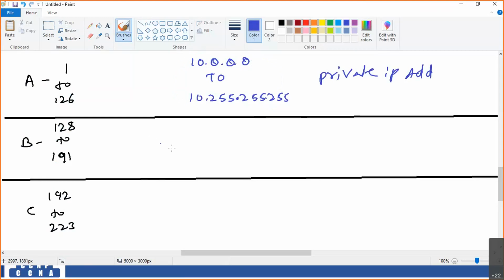Now similarly in class B, the range is 128 to 191. From this range, 172.16.0.0 to 172.31.255.255 is the class B private IP address range.